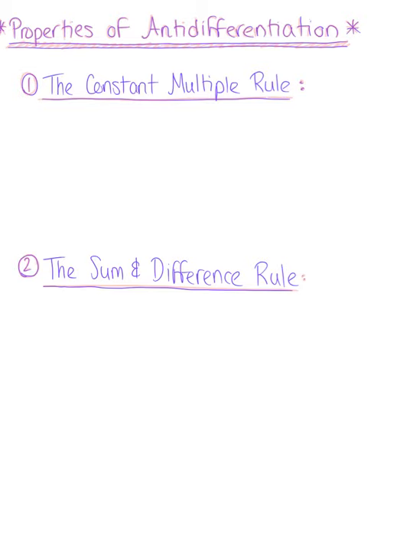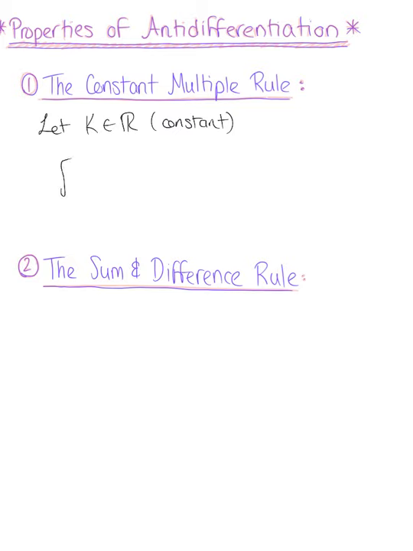We have equivalent forms of these properties in algebra, in pre-calculus, and differentiation, the constant multiple rule, and the sum and difference rule. So starting with our constant multiple rule here, let's go ahead and let k be any real number our little hearts desire. So it's some constant value.